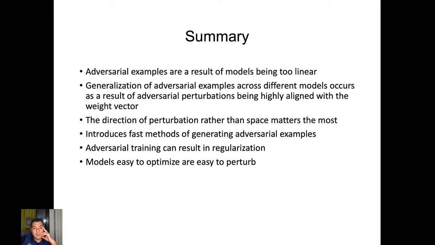So in the end, in this paper they discovered that adversarial examples are a result of models being too linear. The generalization of adversarial examples across different models occurs as a result of adversarial perturbations being highly aligned with the weight vectors, and you can exploit this to generate adversarial examples using the fast gradient sign method.